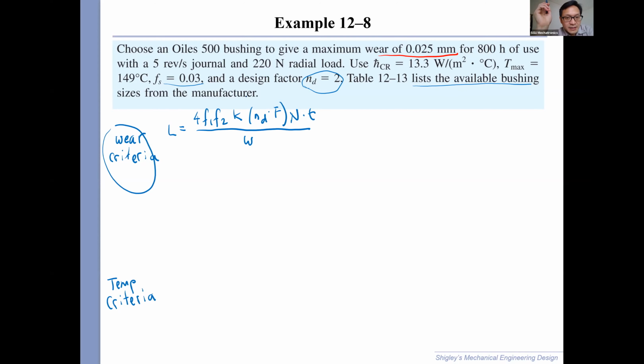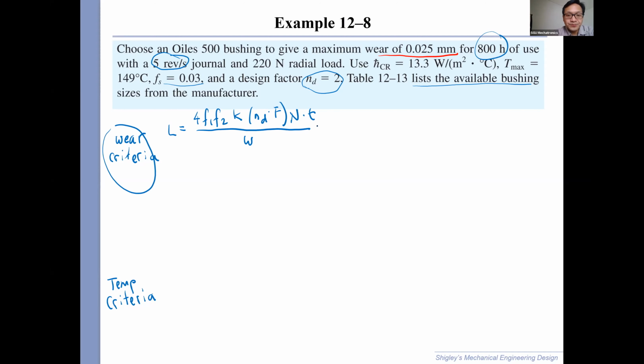K is the material property. The radial load F is multiplied by ND, the design factor, as I explained before. We're going to multiply it by 2 to make it worse than reality for safety factor. N is the RPM, but in seconds. Good thing we already have it in revolutions per second this time. T is the time. We're given 800 hours here.